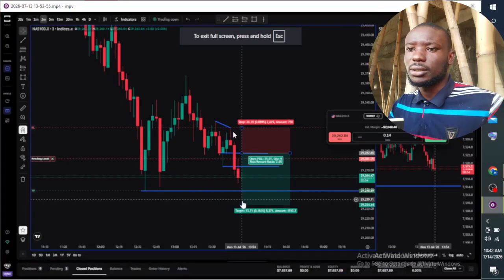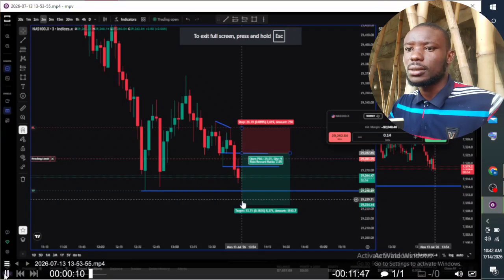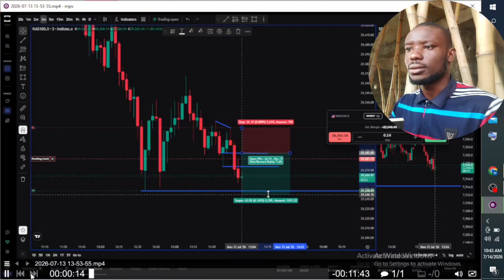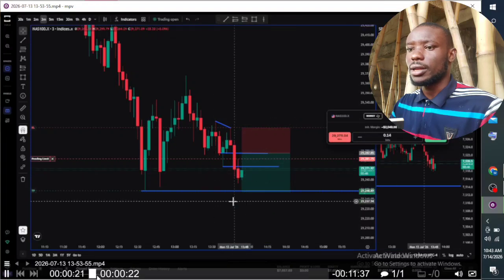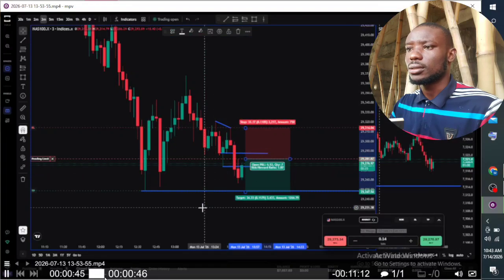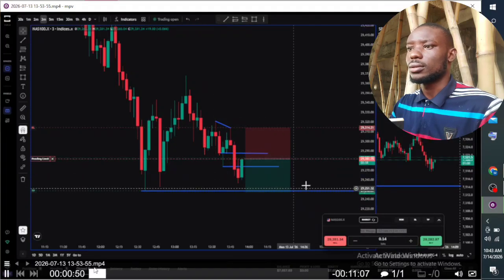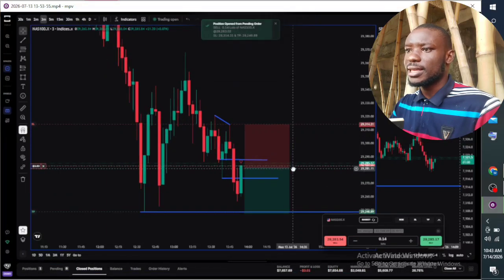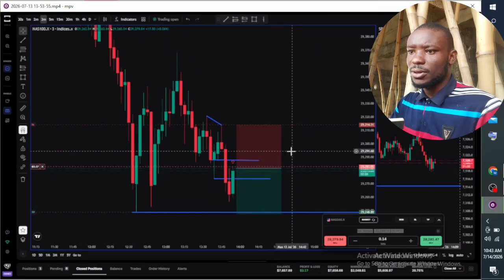But this was the trade, and this was where it got in. So I waited, and if you look at the right side, you're going to see the SMT above the high, and this was the exact point I got into the trade, aiming for this low.